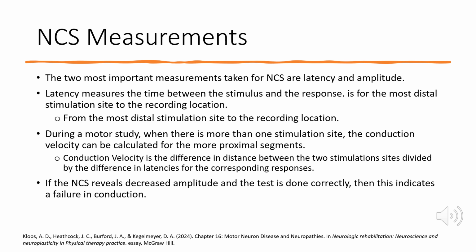So we know that latency and amplitude are 2 key measurements in nerve conduction studies. So think of latency as the time it takes for a message to get from your brain to your muscles, kind of like sending a text message. Normally, the text should arrive almost instantly. If there's damage, like multiple sclerosis, it might take longer, which is going to show prolonged latency.